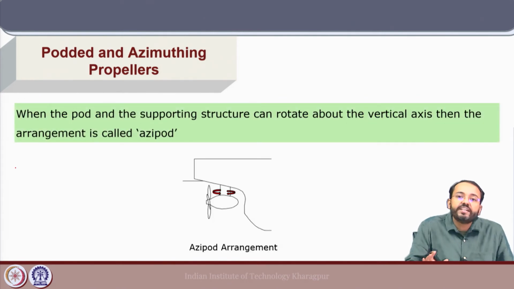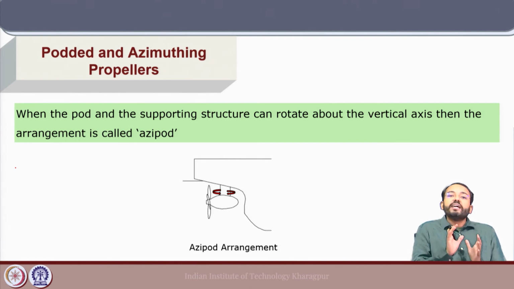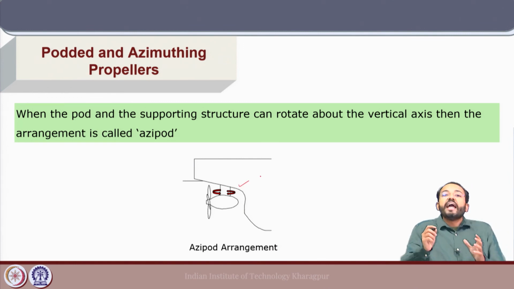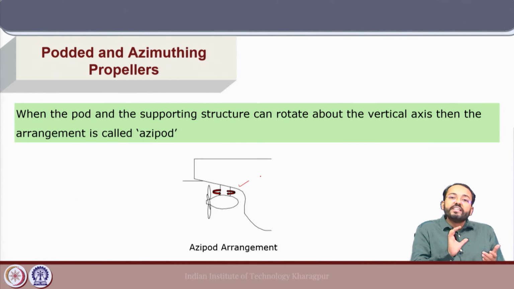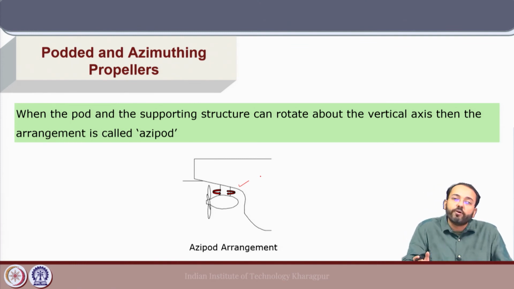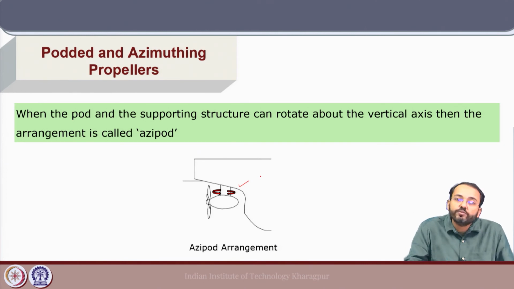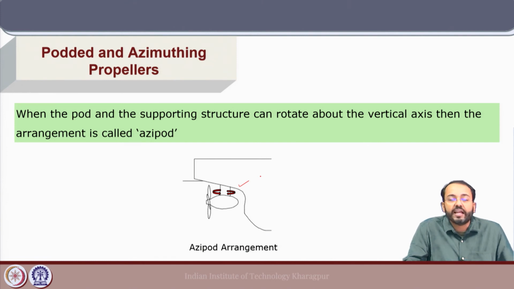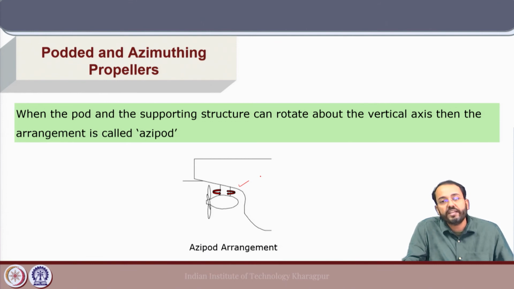There is another specific design where the pod and the supporting structure can be rotated about a vertical axis as shown here, and this can provide thrust in different azimuthing directions, and hence this particular design is called azimuthing propeller or azipod, and these are used for vessels where the maneuvering requirements are very high, and they help in dynamic positioning as well as slow speed maneuvering of vessels.